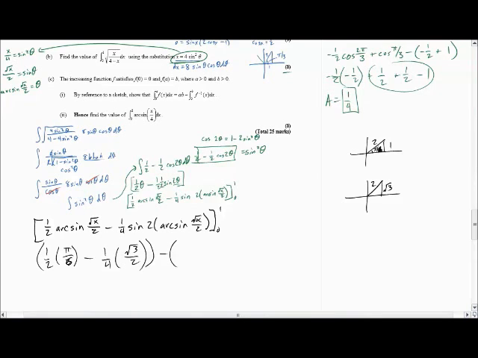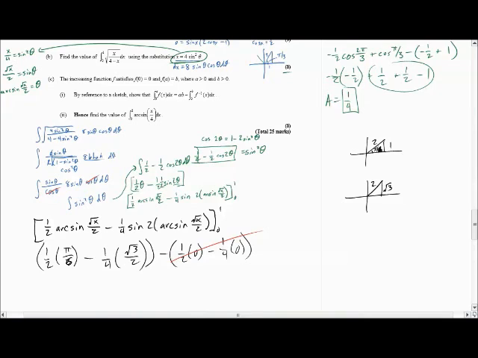Now the zeros are going to be a little bit easier because it's going to be 1/2 times 0 over 2 is 0, and the arc sine of 0 is 0, and then I'm going to go minus 1/4, and again, arc sine of 0 is 0, 2 times 0 is 0, the sine of 0 is 0. It's nice and easy because it's sine. If it was cosine, remember cosine of 0 is 1, and so we'd actually have to write down some numbers here. But this one's just going to be 0, 0, 0, and they're going to go away.